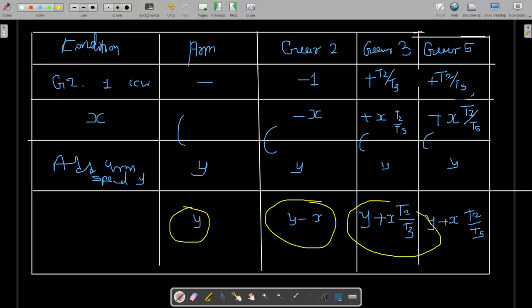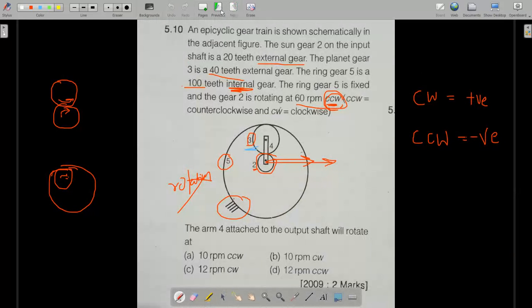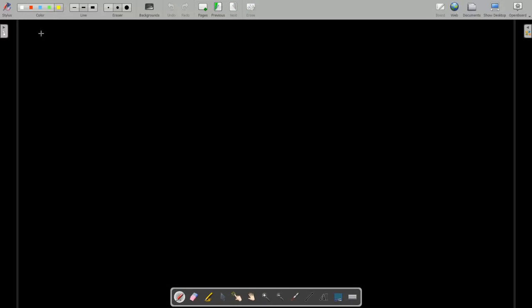These are the total rotations, that is, the rotations given in the question. Gear 2 is rotating at 60 rpm counterclockwise, so y minus x is 60 rpm, and y plus x times T2 by T5 is equal to 0 for the fixed gear.